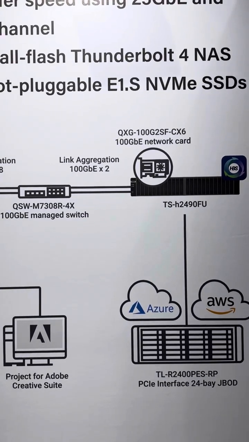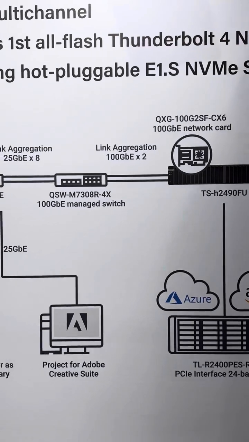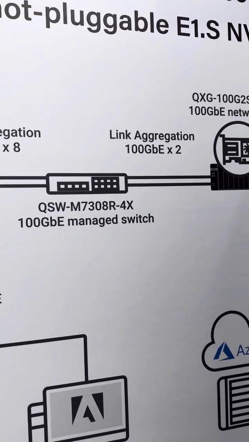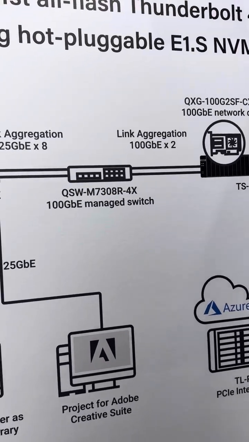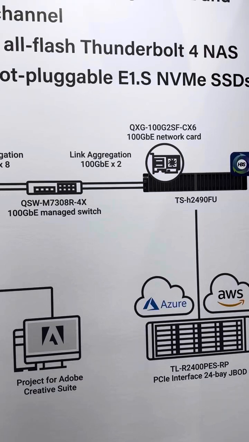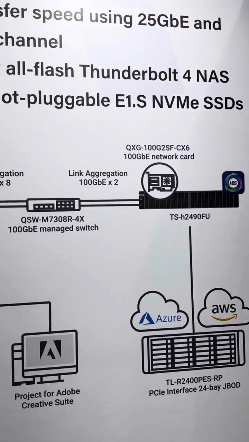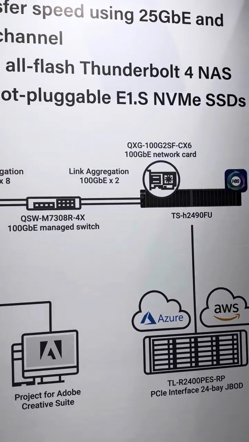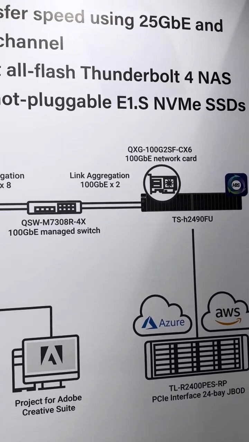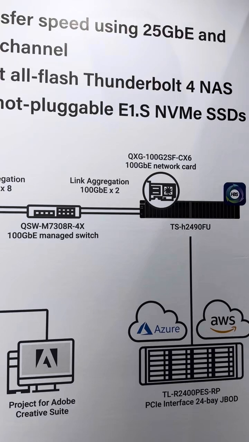And generally in this scenario they use a 100 gig network with the QNAP USWM 7308, so that with this 100 gig network and the TSH2490 all-flash NVMe storage, you get the best throughput that you need for editing your raw data. Generally, the raw data sizes are huge.